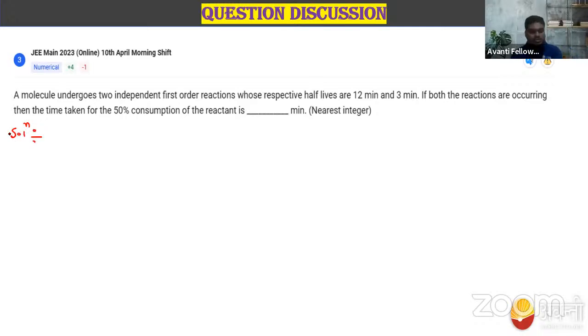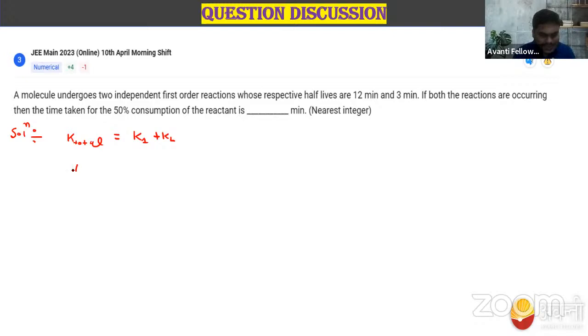ठीक है. So फटाफट देखो ध्यान से. देख कैसे निकालेंगे हम लोग इसको. So we know that K total is equal to K1 plus K2.